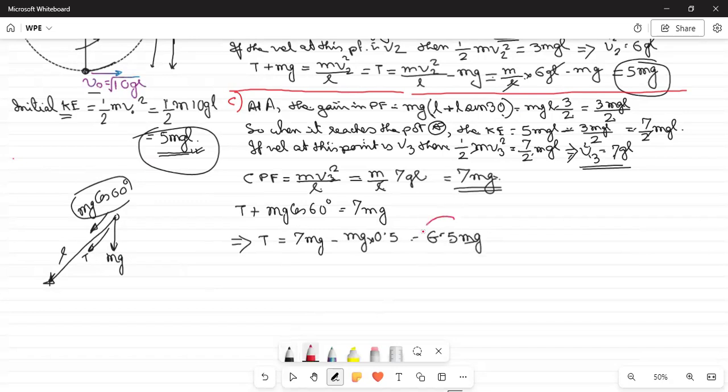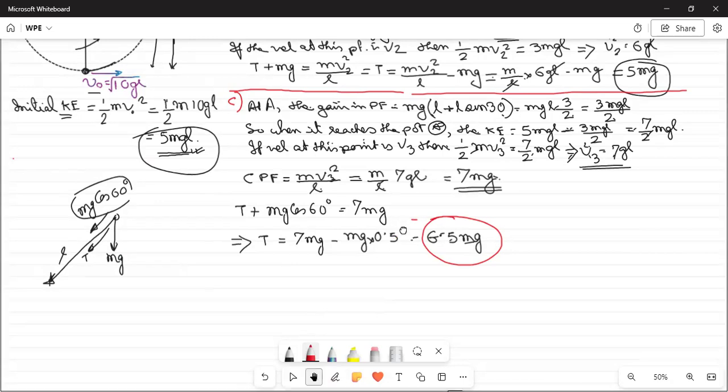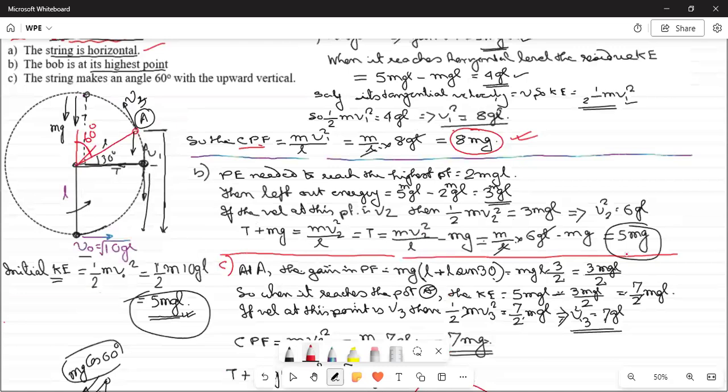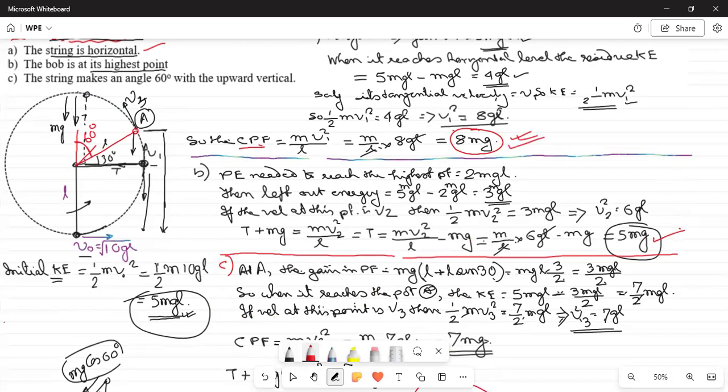So when the bob of the pendulum is at 60 degrees with the vertical, its tension is 6.5 mg. When the bob of the pendulum is at the topmost point, its tension is 5 mg, and when it is horizontal, its tension is 8 mg. So this is how you solve this problem. Next problem we shall see in a few minutes.